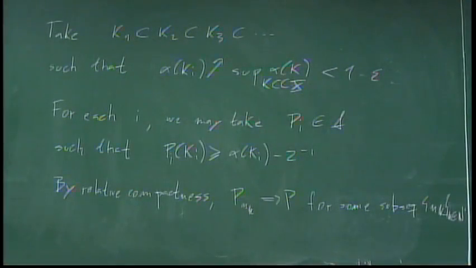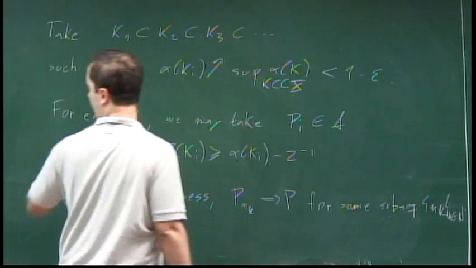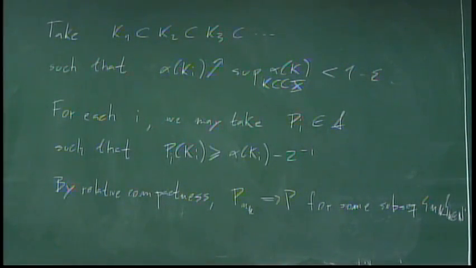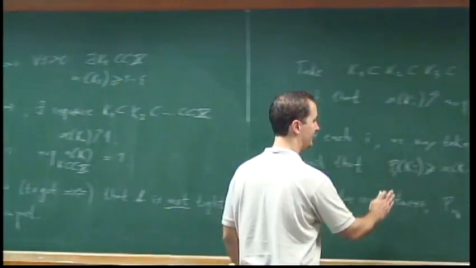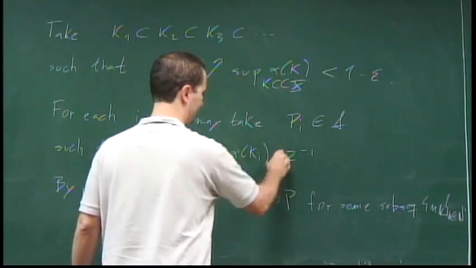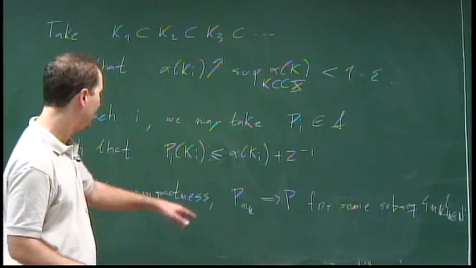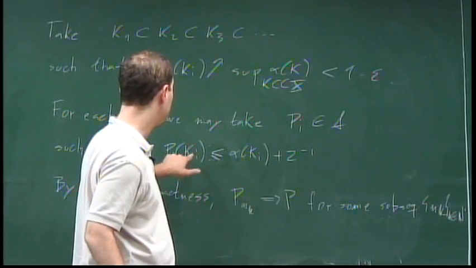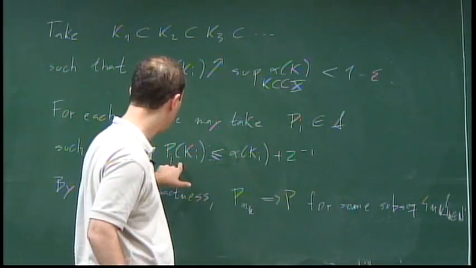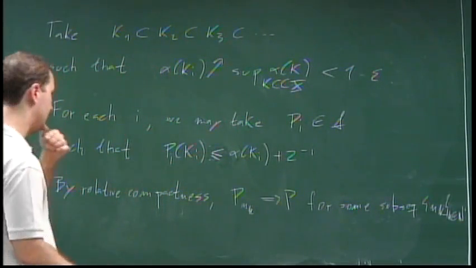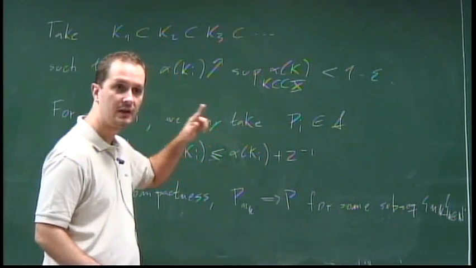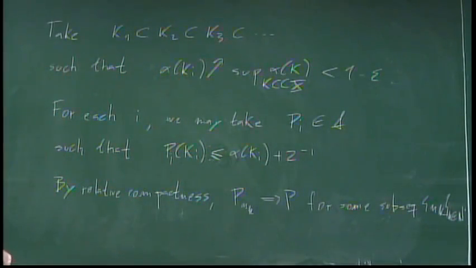Where we have this inequality? The previous inequality. Well, alpha of K_i is an infimum, right? So it should be the other way, sorry. It's saying this is the infimum over measures P in S, so I can find one measure that's close enough to this, a little bit above alpha K_i. Thanks.